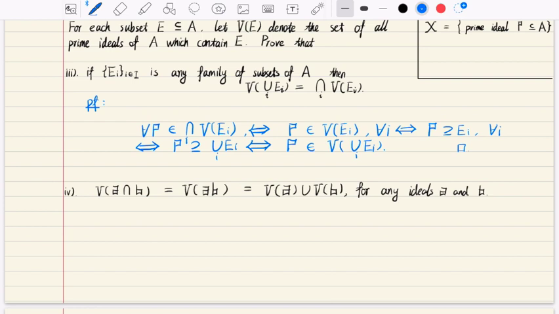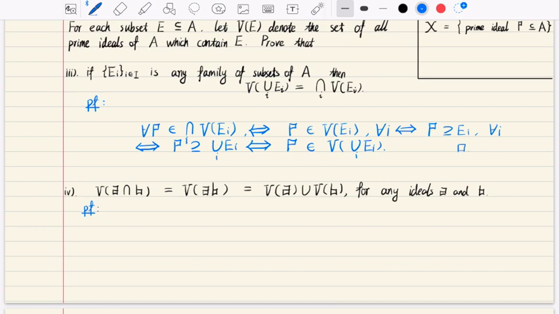For question 4, we need to prove an identity, but maybe we can think about our order-preserving argument, and first prove one simpler direction.